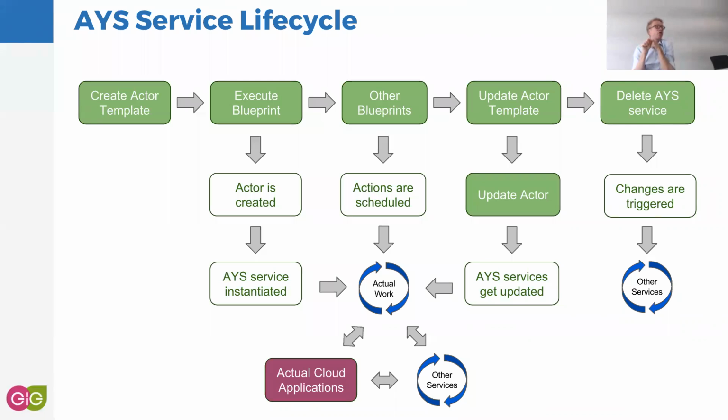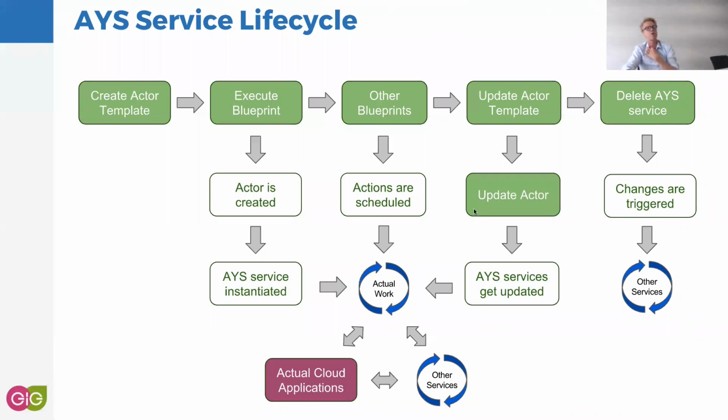This would typically require you to update the actor template with extra code, extra intelligence. So you'll update the template. When you update the template, you will explicitly say, and now for that repository, update all existing services using the new template. And that's what then happens for you.